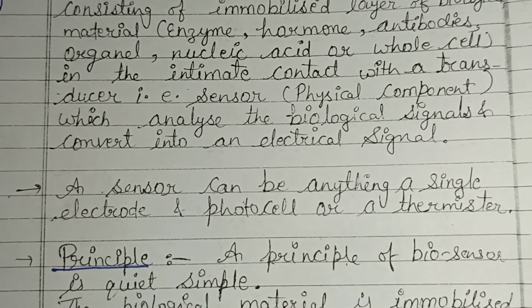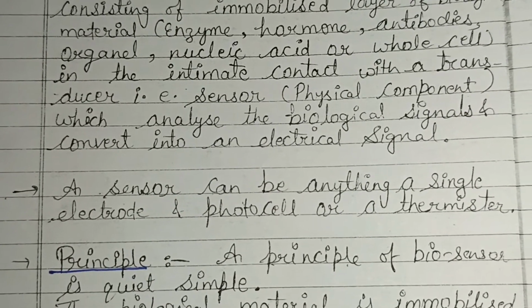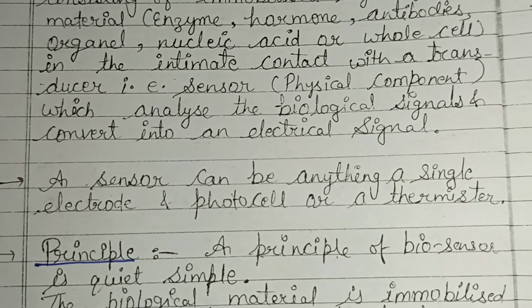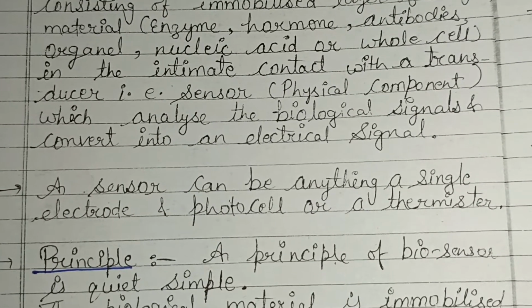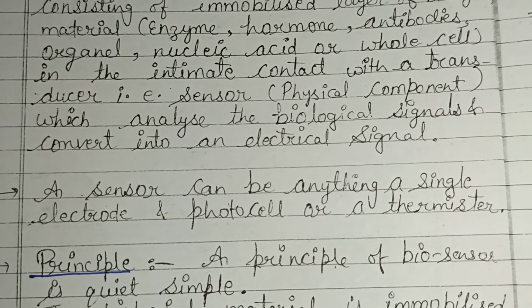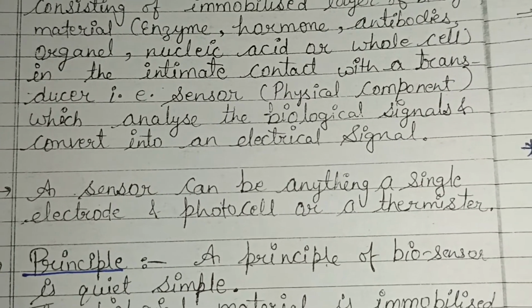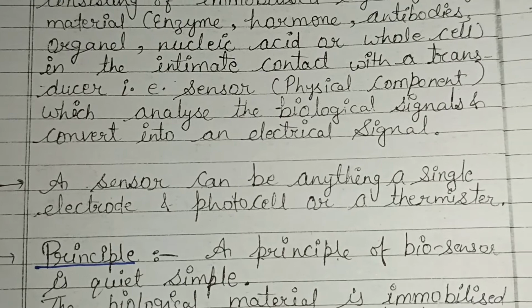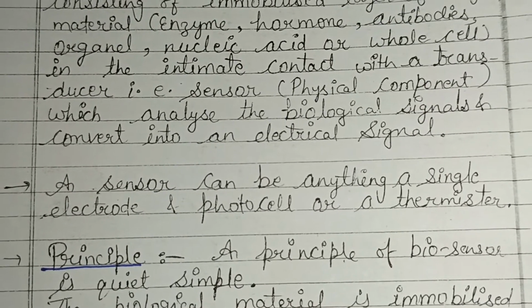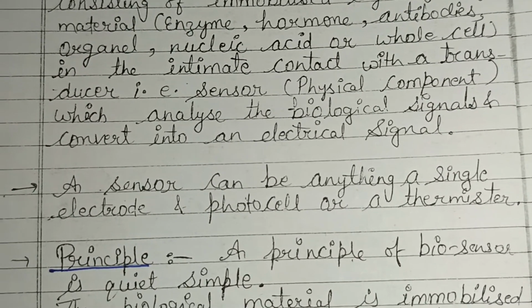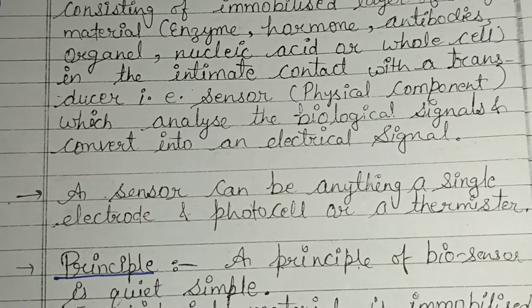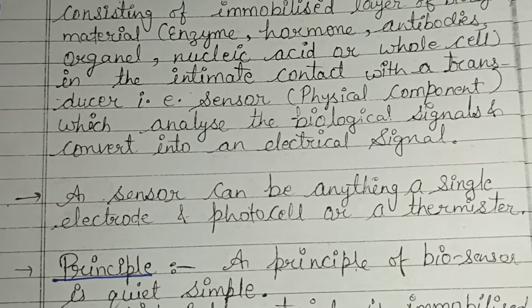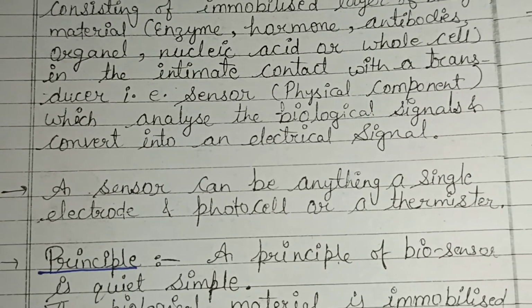First a biological sensing element is chosen, then a transducer is selected, and finally the biological component, that is the detection element, is fixed to the transducer, and then it will be converted into an electrical signal.